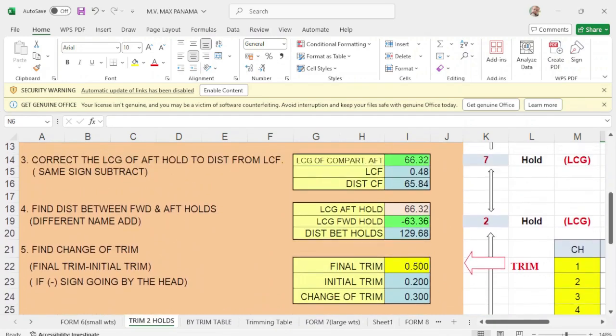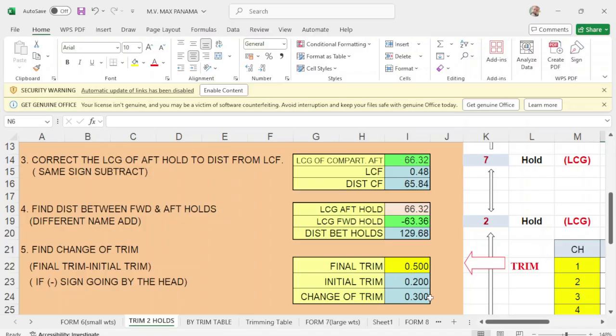That is your initial trim. And your final trim is 50 centimeters, your target trim. So your final trim says 50 centimeters minus your initial trim of 20, that will be 30 centimeters change of trim.